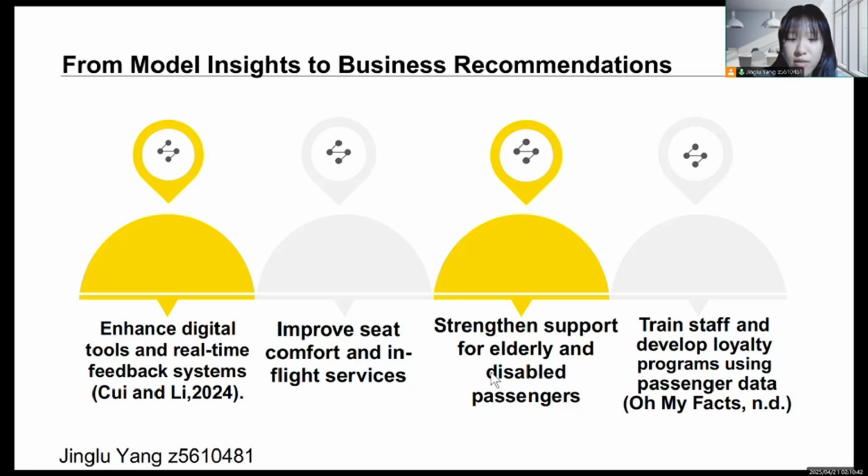Fourthly, strengthen human support for elderly travelers and improve accessibility through green channels and assistance. Finally, improve customer loyalty through better training programs and a personalized reward system based on customers' data.